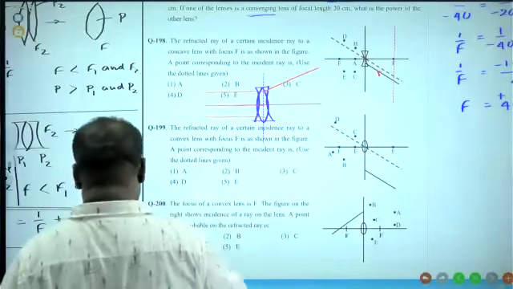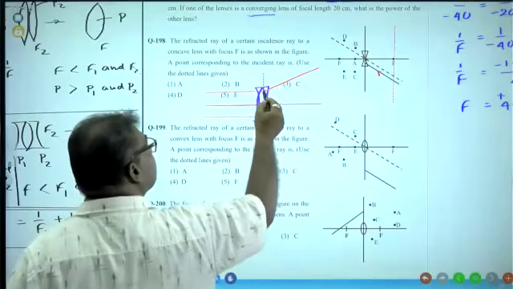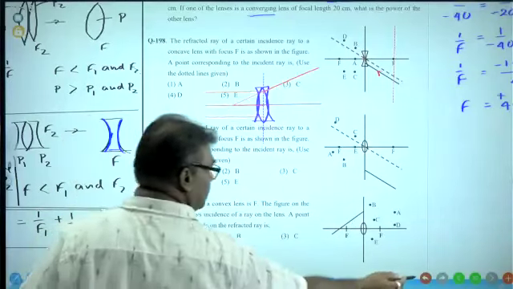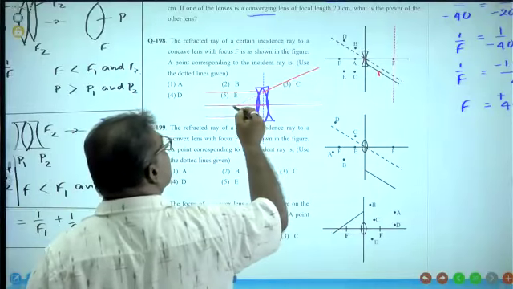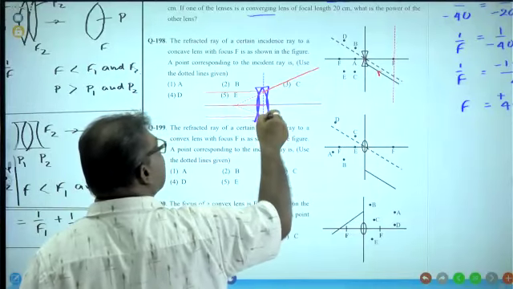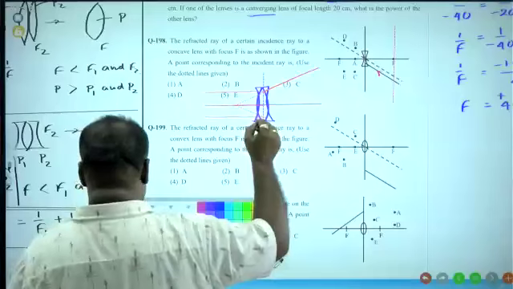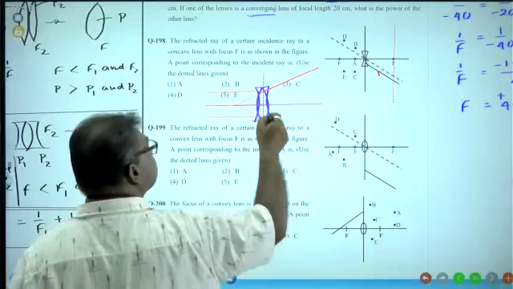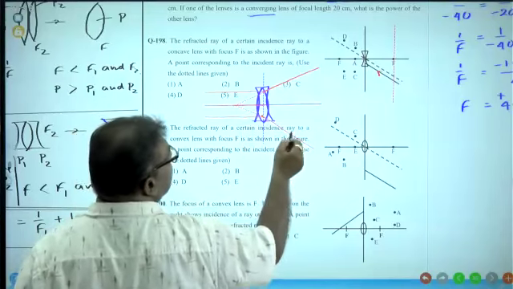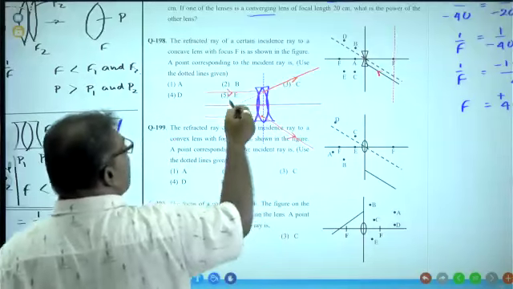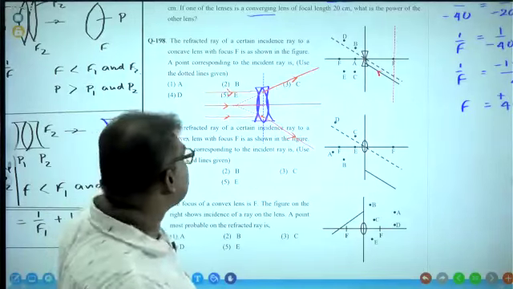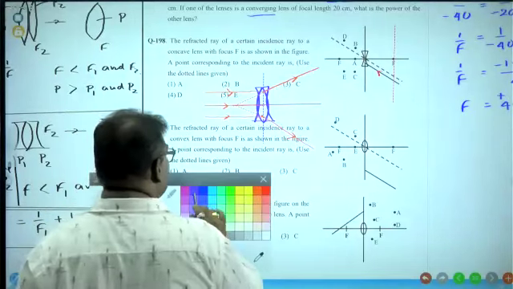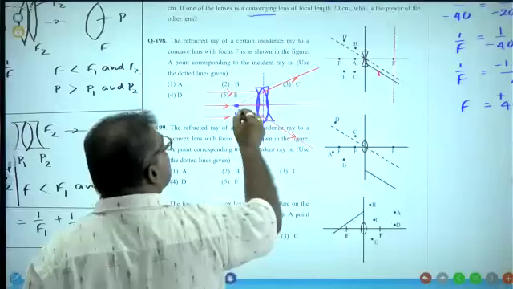They diverge from a point on the principal axis. A parallel beam of light with the principal axis diverges from the point of focus. This could be the focus.